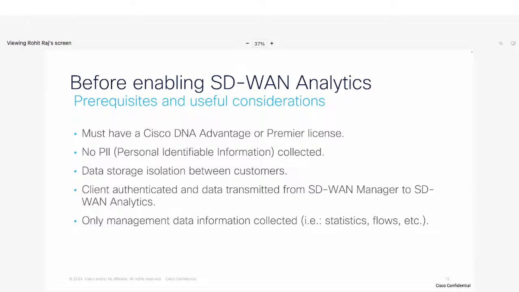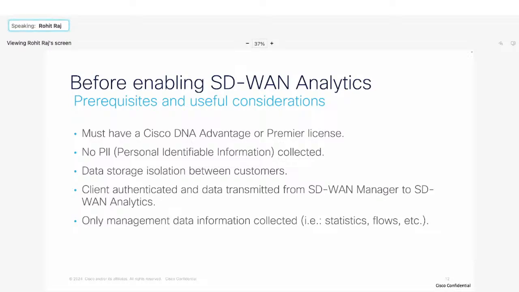And there is no personal information collected by SD-WAN analytics. Your individual customer data is also protected and not shared across other customers, and data is stored for approximately 1 year as of now, right? Access to analytics is done through username and password-based authentication, and the network telemetry data is sent to the analytics cloud service over a secure API channel, HTTPS, every 30 minutes by default.